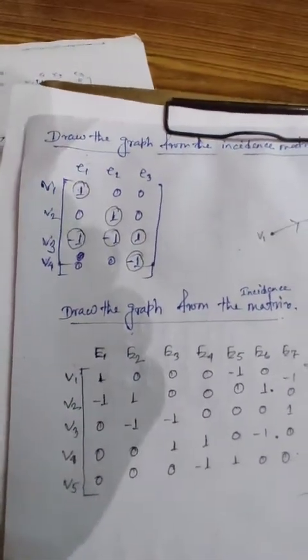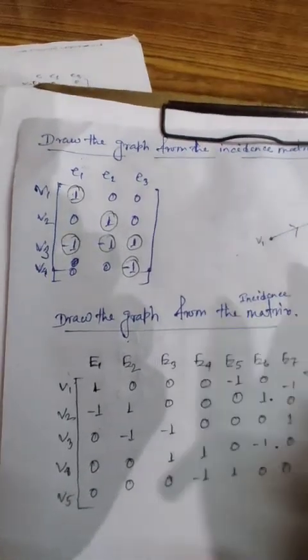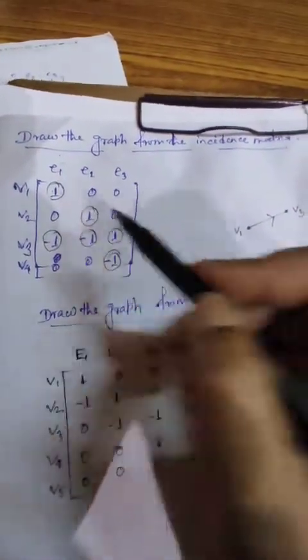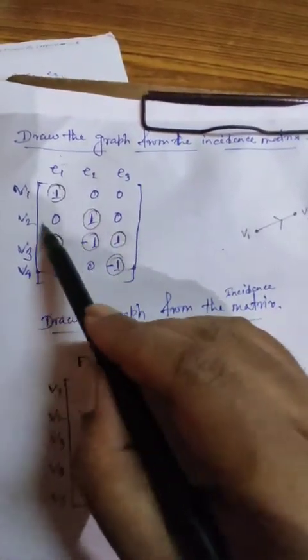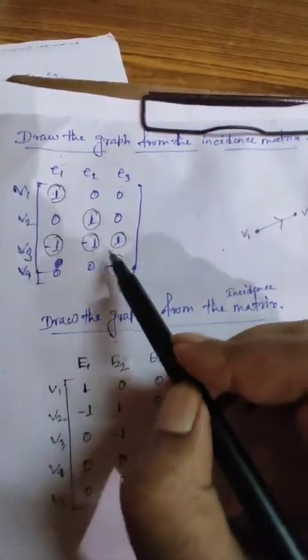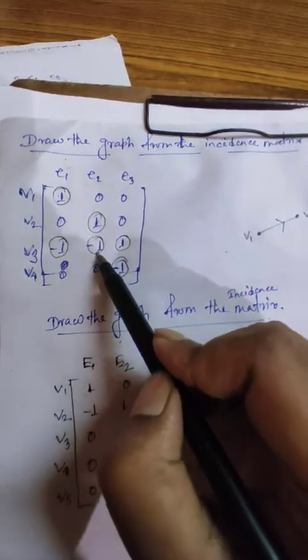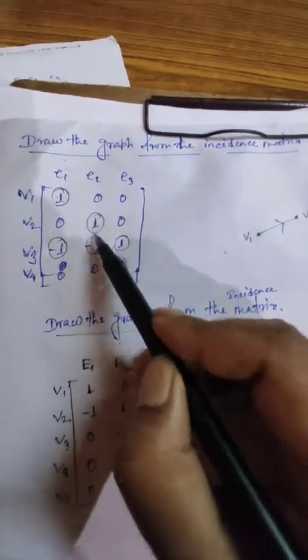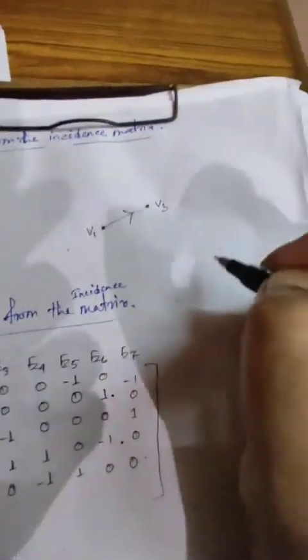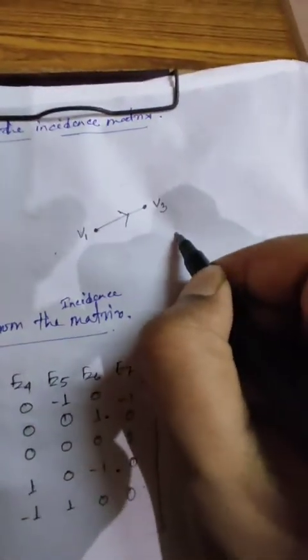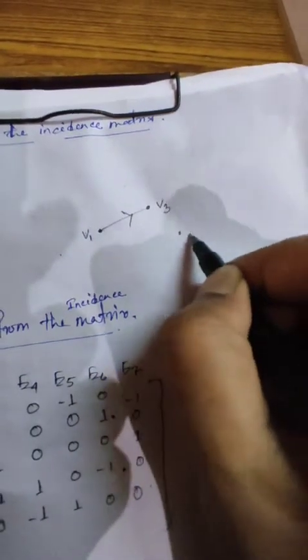Now if we go to the next edge E2, it involves V2 and V3, where V3 is -1 and V2 is 1. That means V2 and V3 are incident with E2, and in the graph we can plot V2 here.